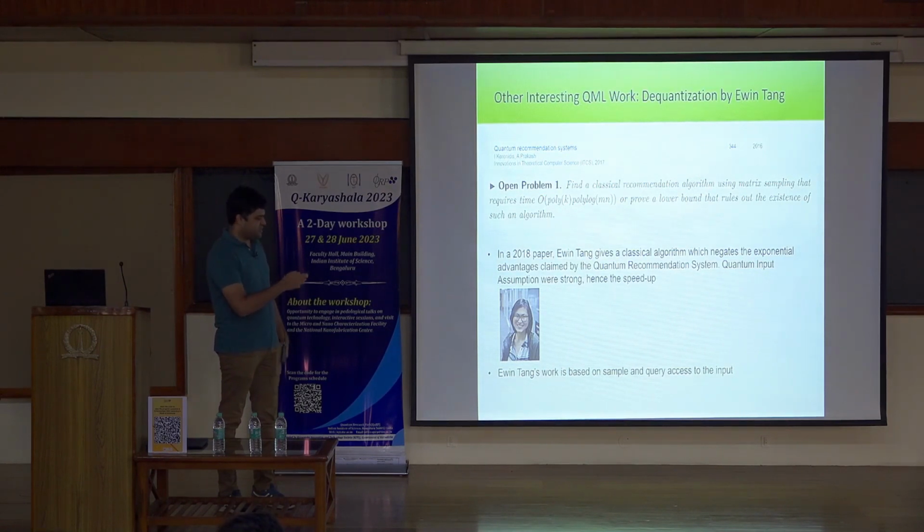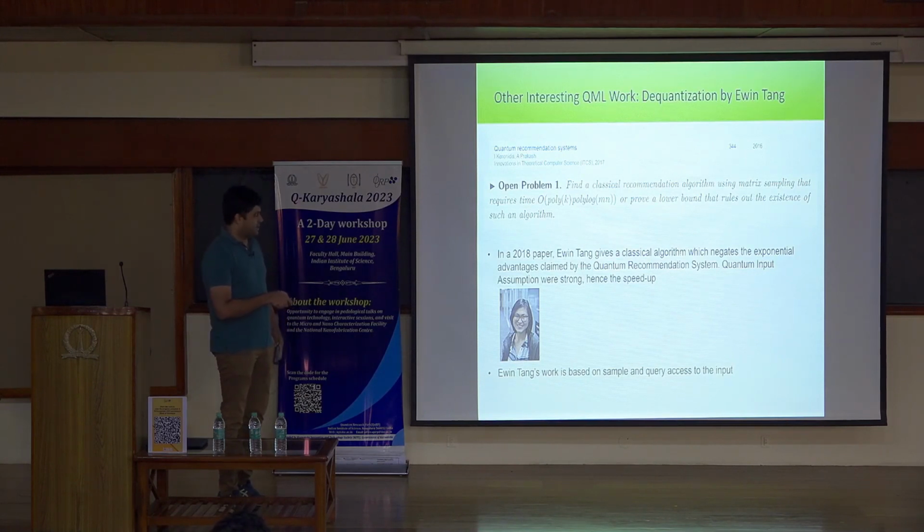You can go into the details of this problem, but the point is, these authors derived a quantum algorithm for this problem which is exponentially faster than the best known classical algorithm at the time. So it made a lot of news.